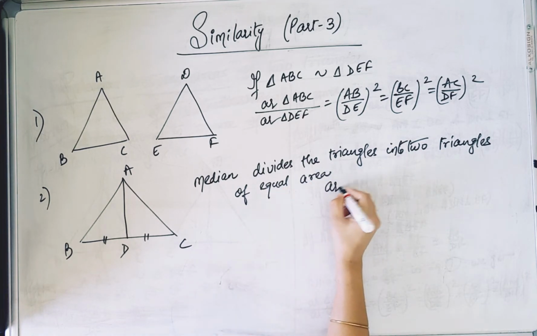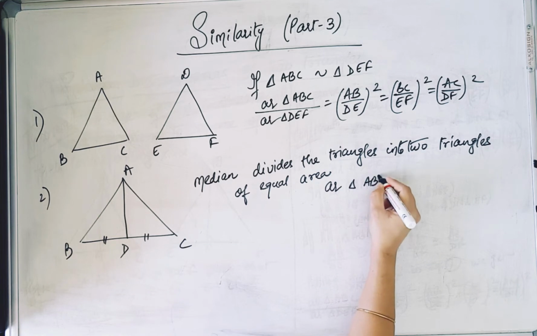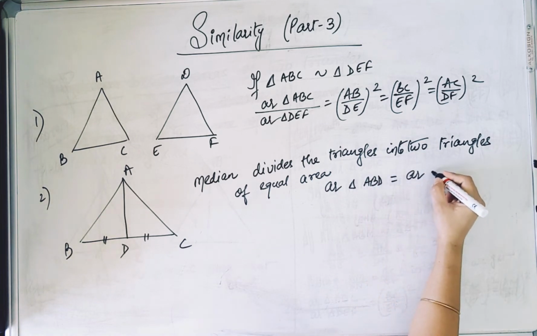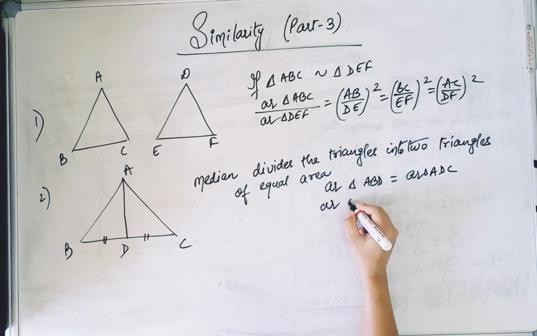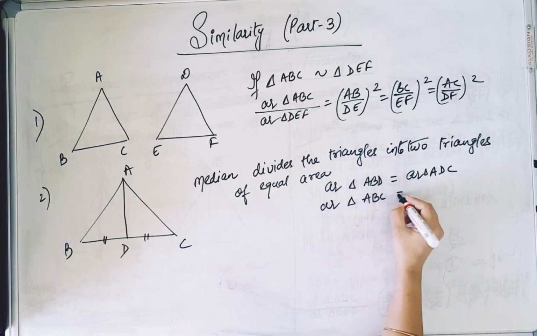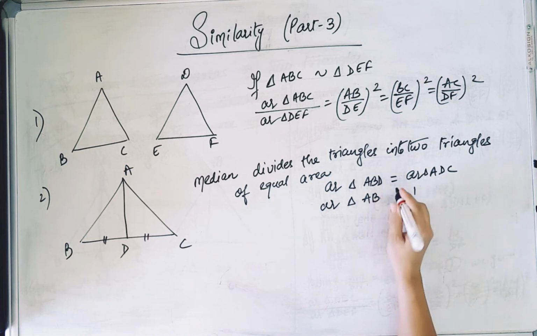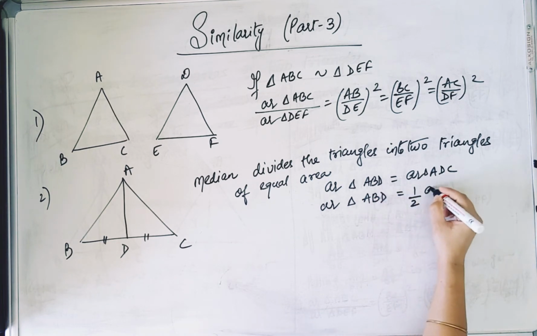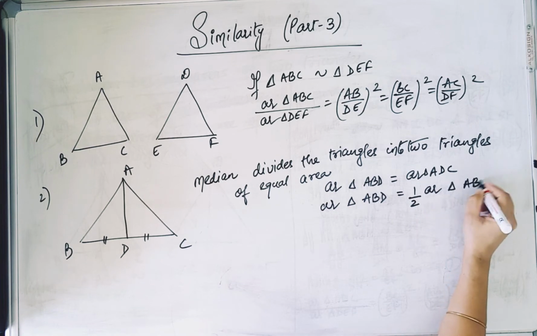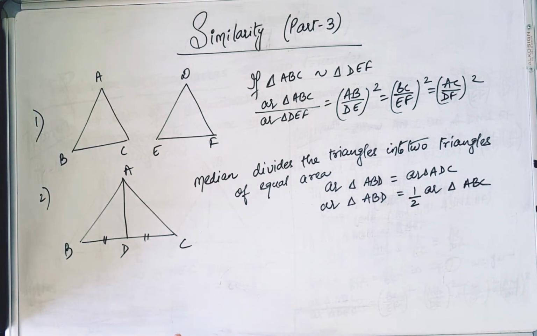Thus, we can say area of triangle ABD is equal to area of triangle ADC, or we can also say area of triangle ABD is half area of triangle ABC. So this is the second concept.